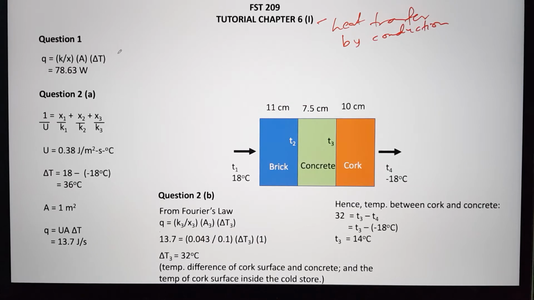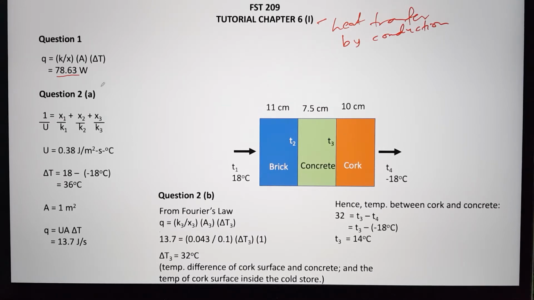If the mean thermal conductivity of the cork at this temperature range is 0.048 watt per meter Kelvin, calculate the rate of heat transfer per 1 square meter wall. Alright, for this particular question 1 is very simple, you just plug in the equation Q equals K over X A delta T, and the answer should be 78.63 watt. Now let's move on to question number 2.